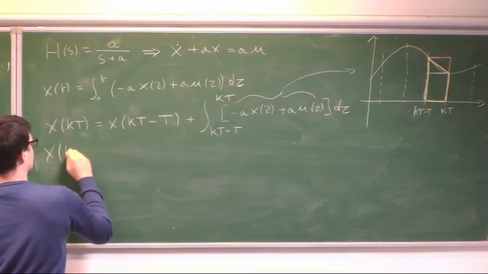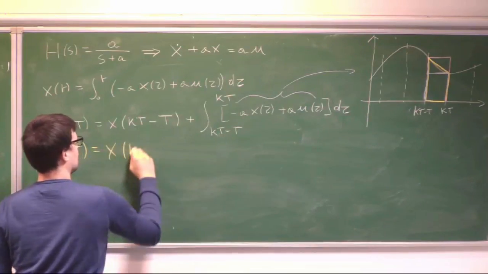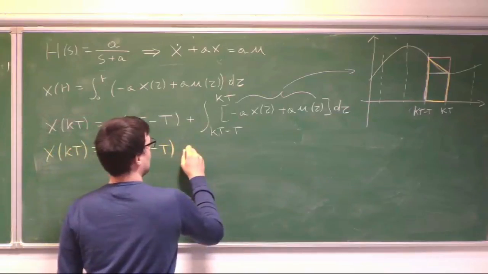So we have x(kT) is equal to x(kT minus capital T) plus.